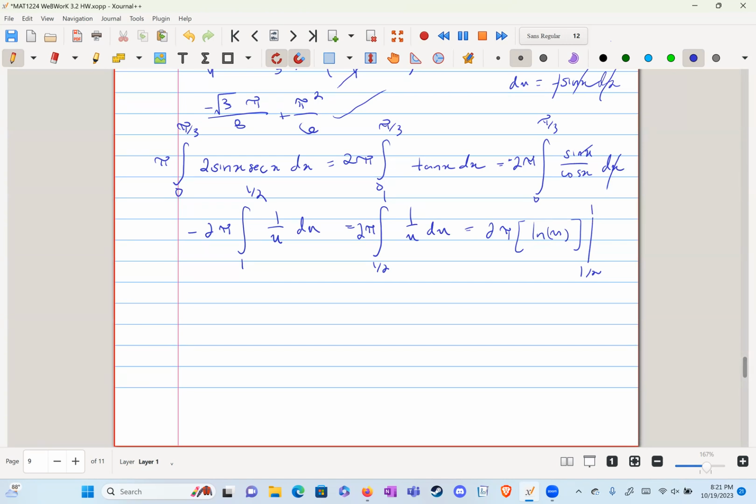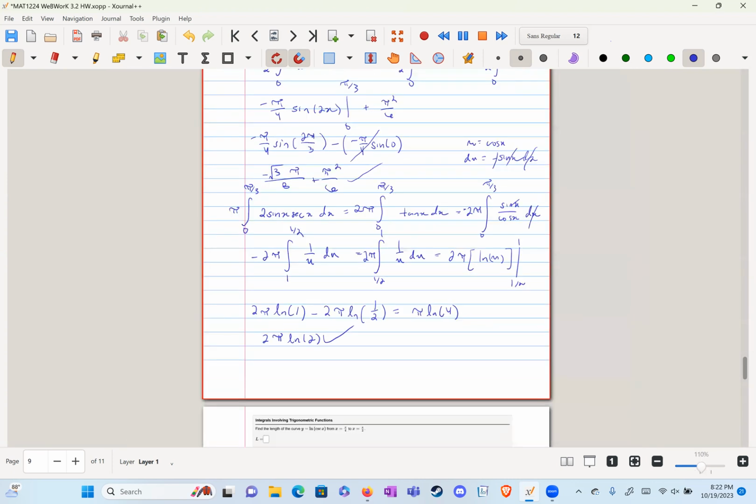So you have 2 pi ln of 1, which is 0, minus 2 pi ln of 1/2, which is just equal to pi ln of 4, or another way of writing this could be 2 pi ln of 2.